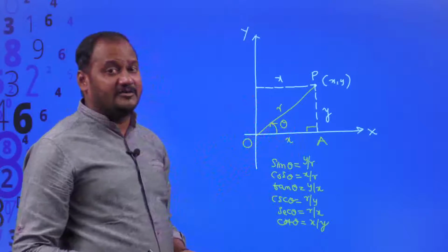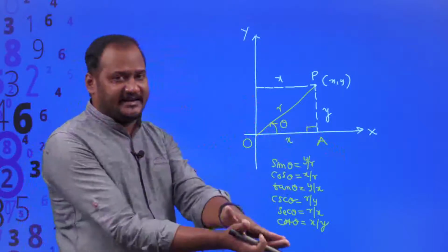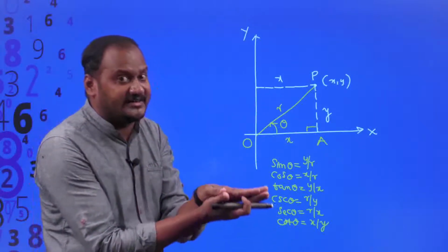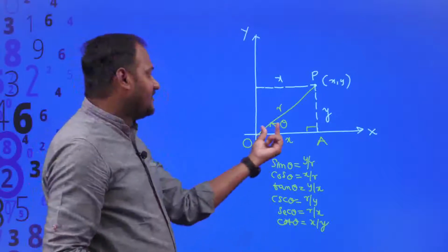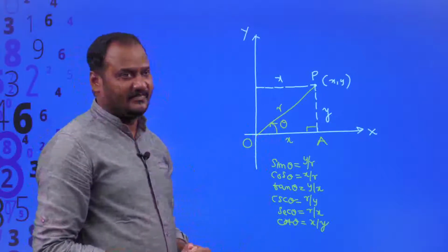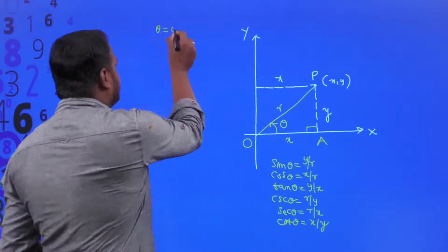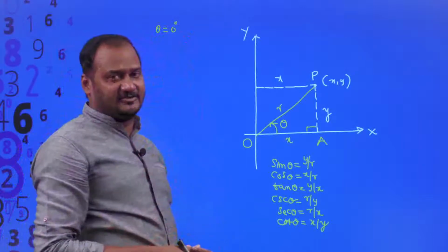But now our point is, if OX and OP coincide with each other, it is nothing but what? The rotation has not started. If the rotation has not started, then what would be the value of theta? If the rotation has not started, then the value of theta is equal to 0 degrees. Obviously, if there is no angle formed, it means the angle is equal to 0 degrees.